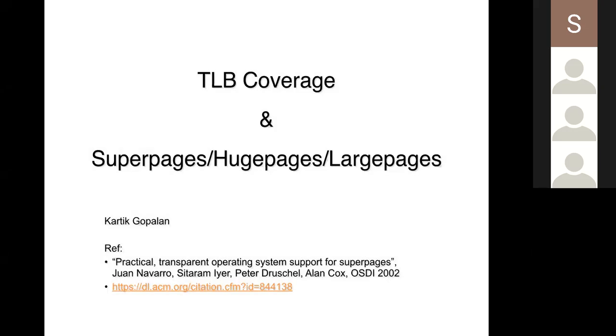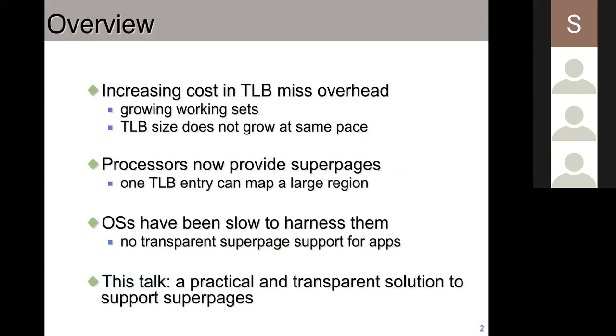And so again, I will briefly summarize where we were last time, and from there we will go on to the details of TLB coverage. So we had started with this idea that TLB, or translation look-aside buffer, is important for improving the performance of MMU, or memory management unit. MMU needs to translate virtual addresses to physical addresses.